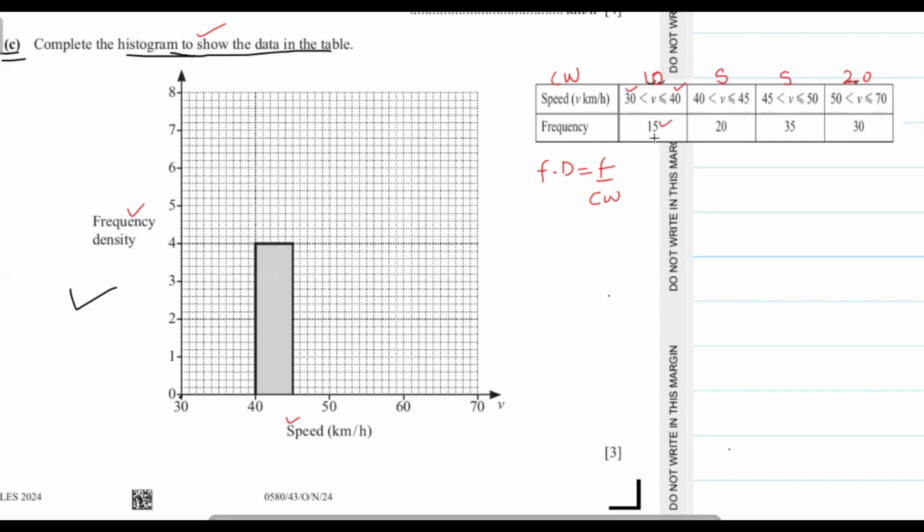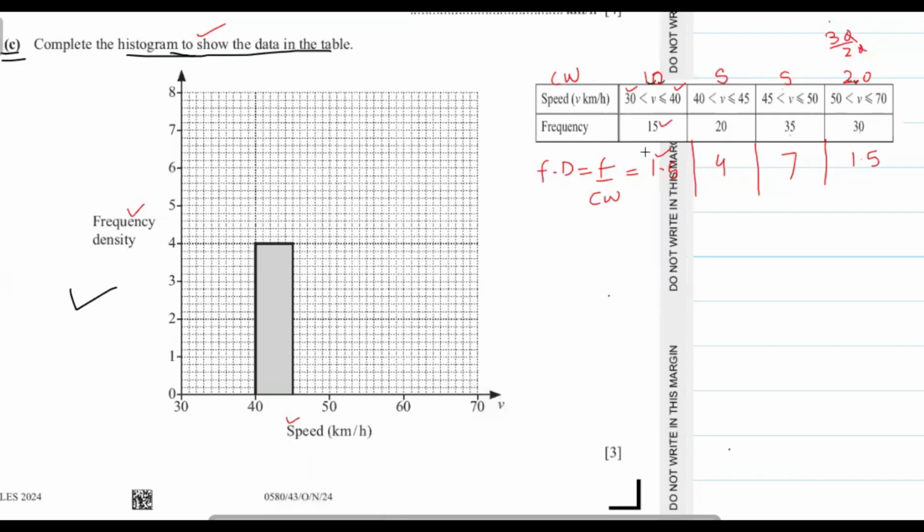We will divide this frequency by class width. We get 15 over 10, this will be equal to 1.5. And next value, 20 over 5, this is equal to 4. 35 over 5, this is 7. And 30 over 20, this will be equal to 1.5.